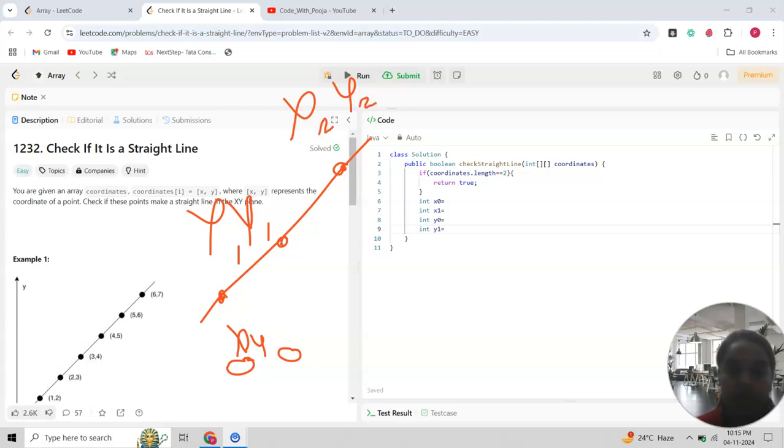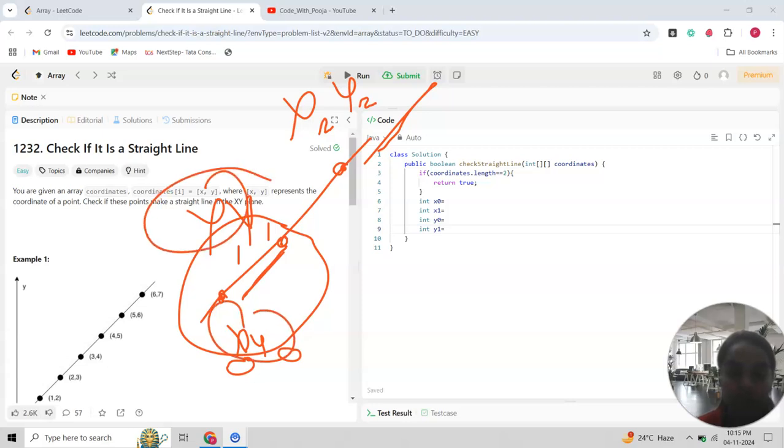If all are in a straight line, the points will have the same slope. So I will fix these points, x1 y1 and x2 y2, and I will move along and compare all the other points. The upcoming points will be x3 y3 and so on, and they will be compared with these points.